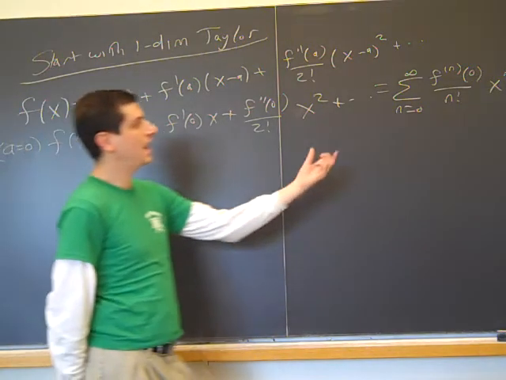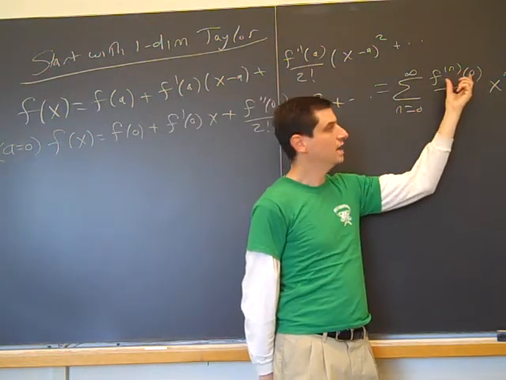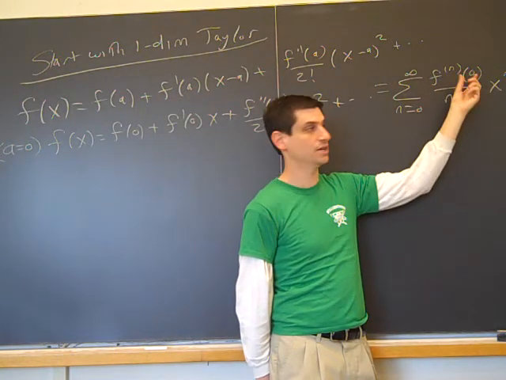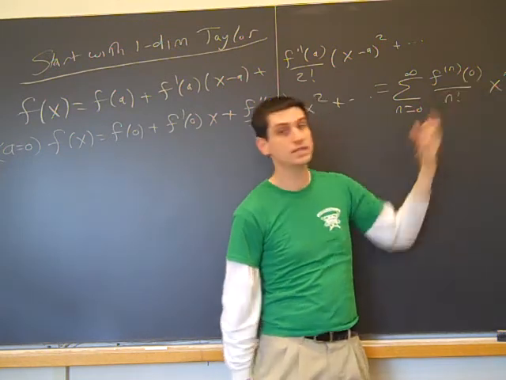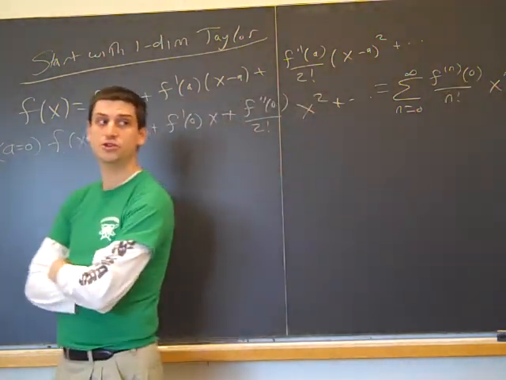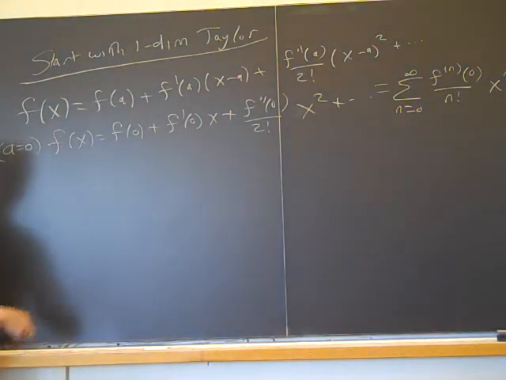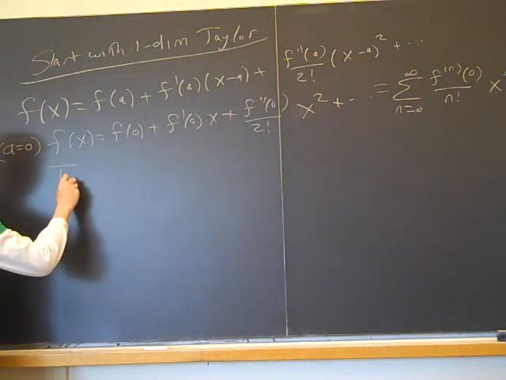So then the question is, how rapidly are the derivatives growing? If the derivatives are dying, we know x to the n over n factorial converges for all x. So long as the derivatives aren't growing too fast, there's a good chance this will converge. So we're going to look at the truncated Taylor series.